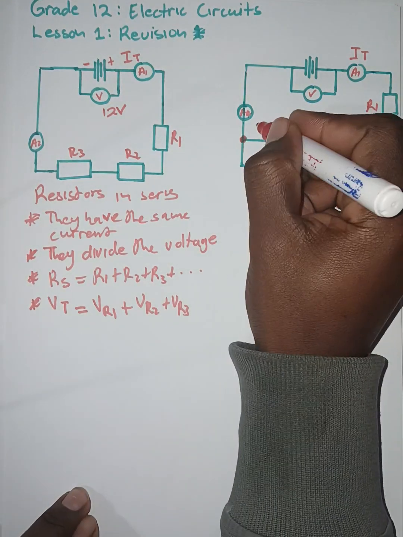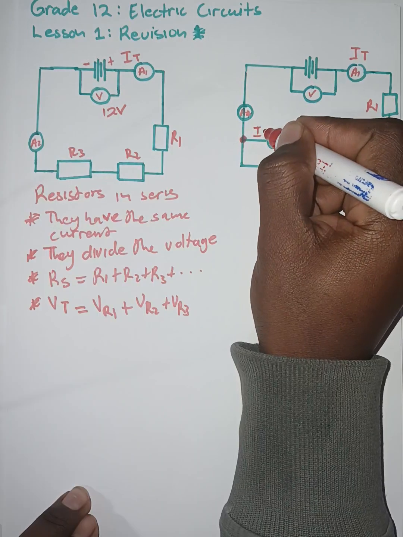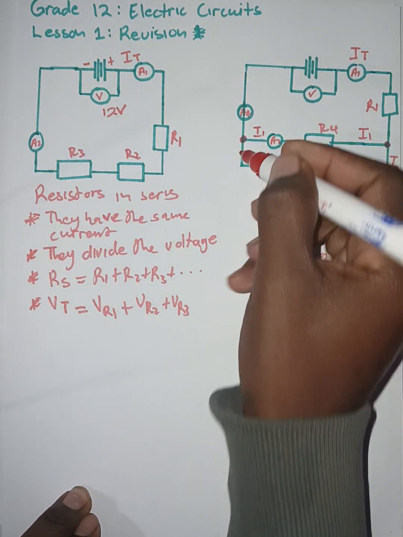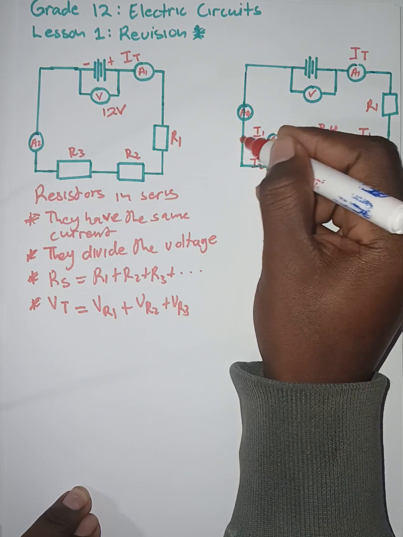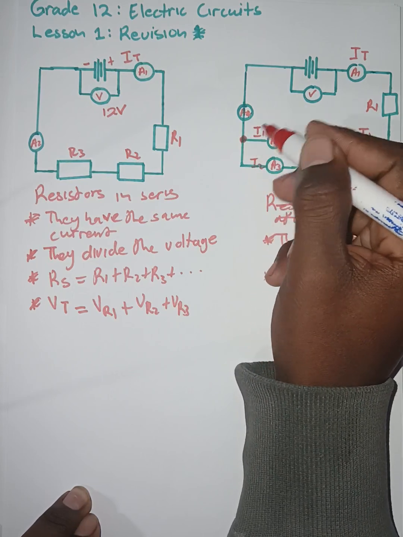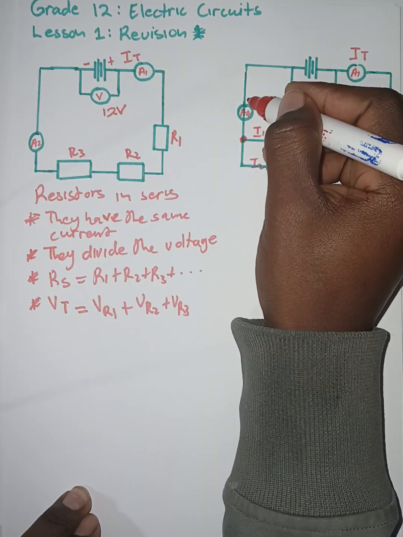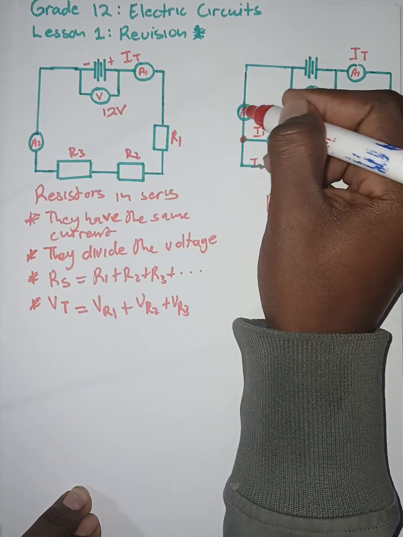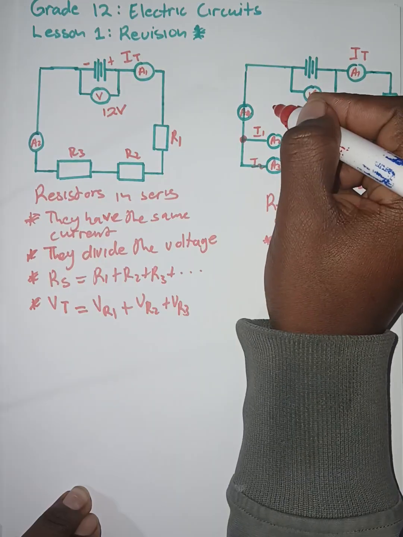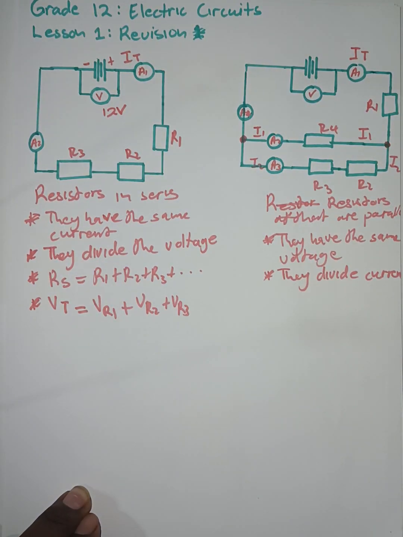That branch would have I1 and the other would have I2. So when we get to that node, I1 and I2 become one again, and the current passing through that ammeter there would be the total current. So that's one thing that you need to note.